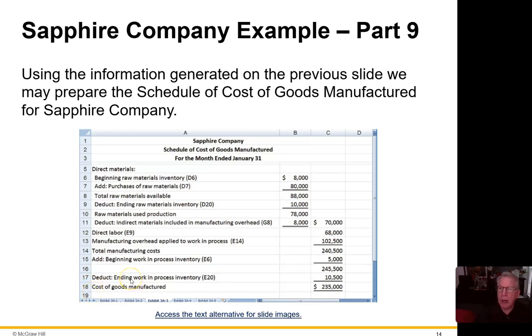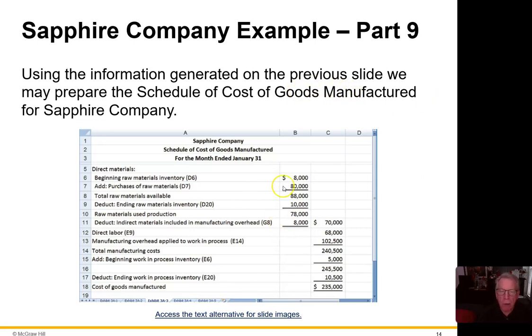Okay, so here we're continuing on with the Sapphire Company example, and we're using the information generated on the previous slide to prepare the cost of goods manufactured. Now, the cost of goods manufactured represents those costs incurred in work in process inventory on completed jobs.